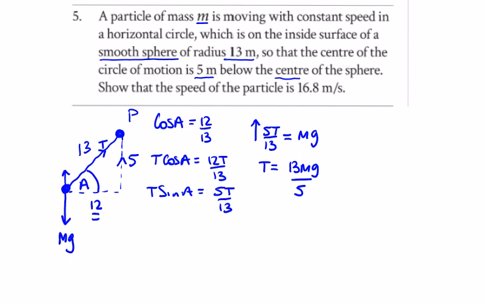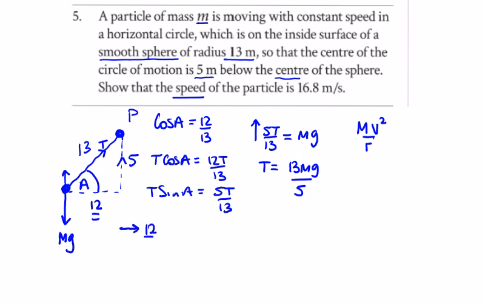And then we're asked to show speed, so we're dealing with v. So mv squared over r is the central force, the centripetal force. We are asked to show that it's 16.8. Well, in this direction we have the 12T over 13.